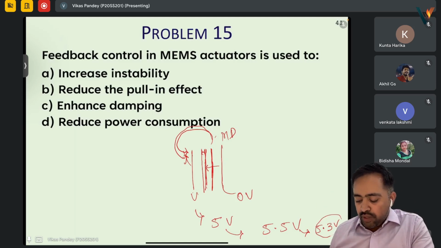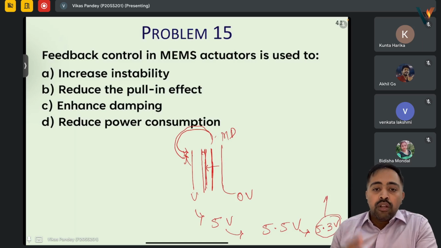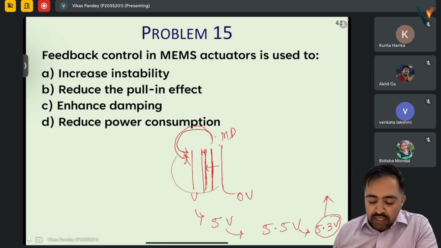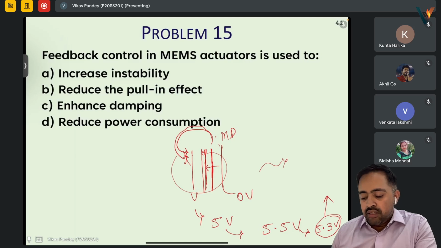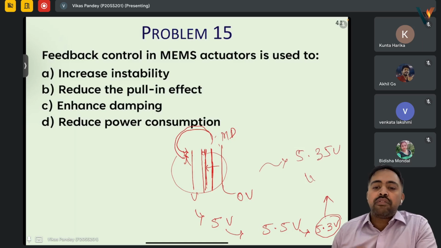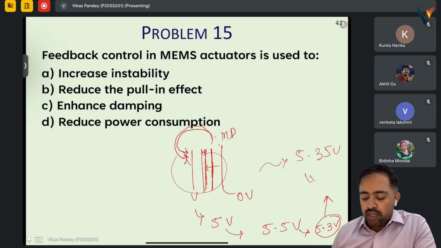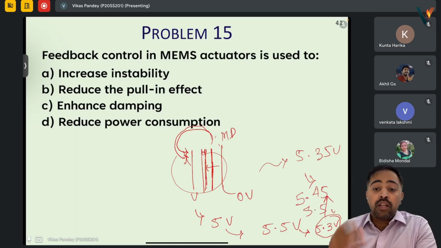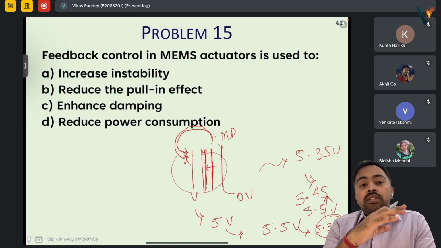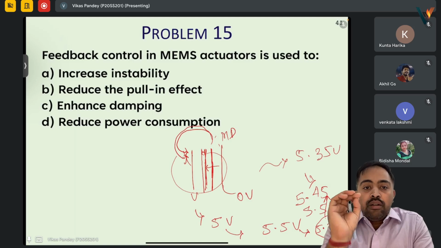So instead of 5 volt, it will give 5.3 volt. Over a period of time, this might change, and then it might change to 5.35 volt. Then after working for some more time, it becomes 5.45, 5.5, like that.